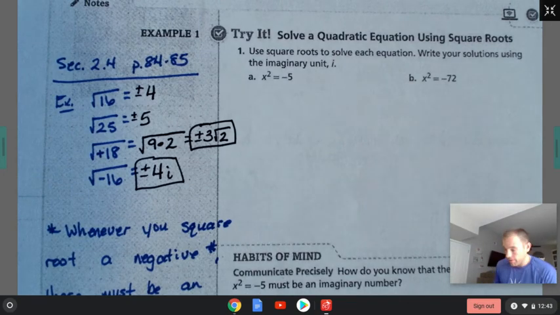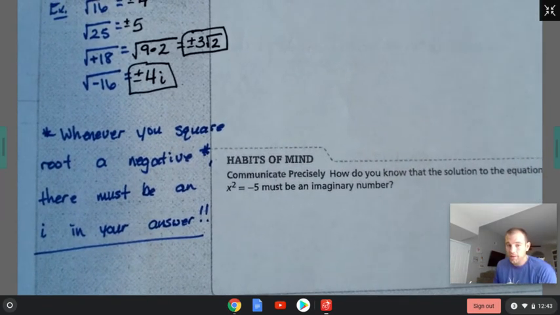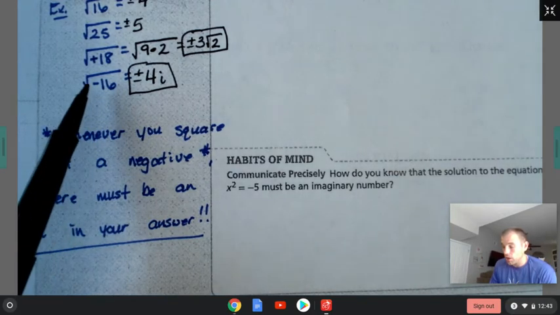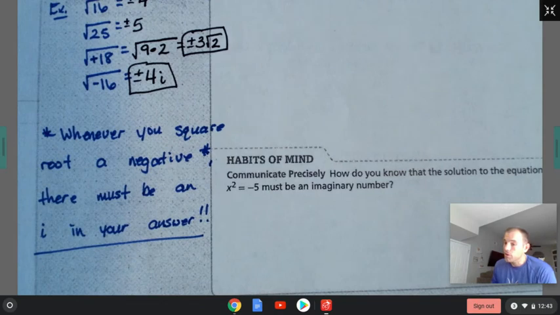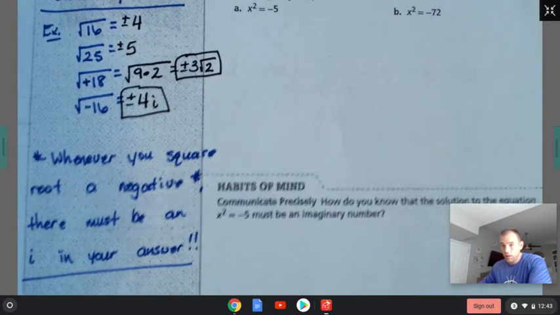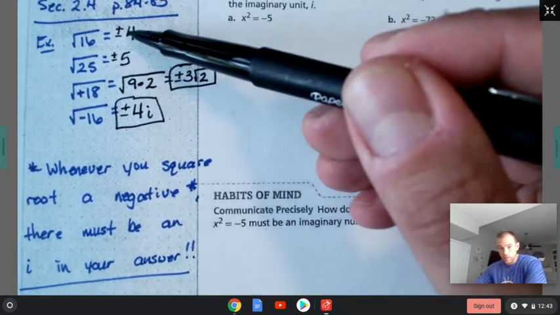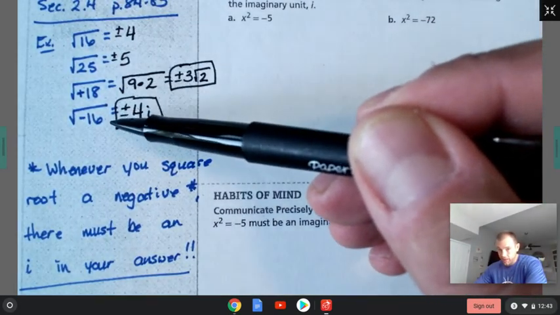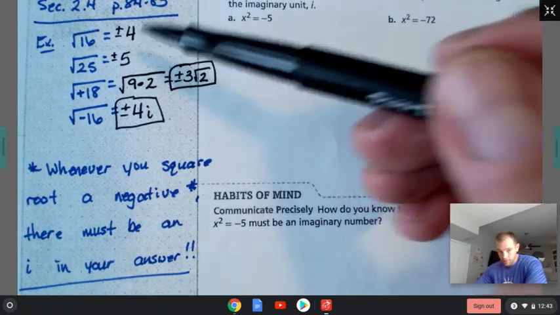And so what that means is whenever you square root a negative number, there must be an i in your answer. So if there is a negative sign underneath the radical or underneath the square root, your answer has to have an i. That's the only difference between the first one and the last one. This one doesn't have a negative. This one does have a negative. And notice the answer, the only difference is this one has an i, this one doesn't.